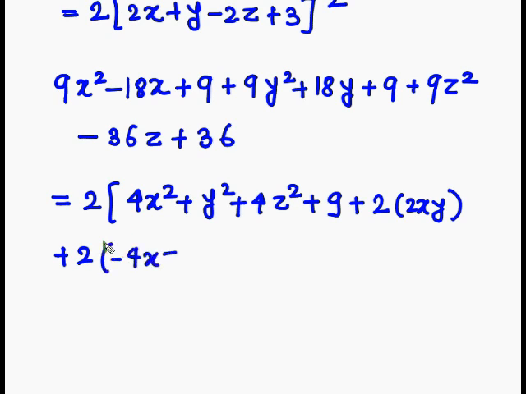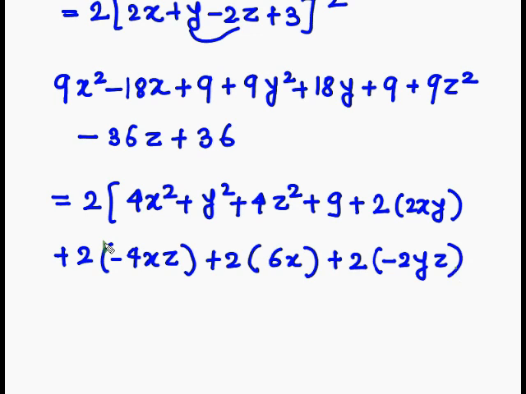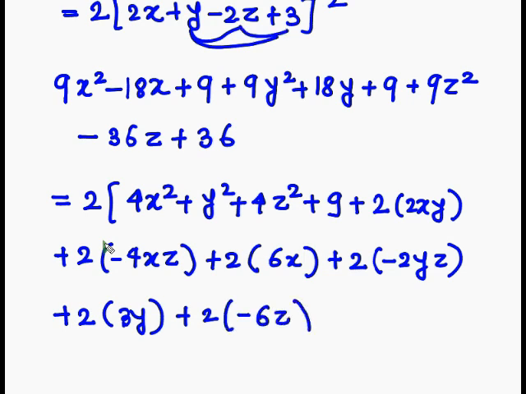Minus 4xz plus 2 times a into d. So what we get? 6x plus 2 times b into c. So what we get? Minus 2yz plus 2 times b into d. So what we get? 3y plus 2 times c into d. So what we get? Minus 6z. So this is how we do the square of the four terms.